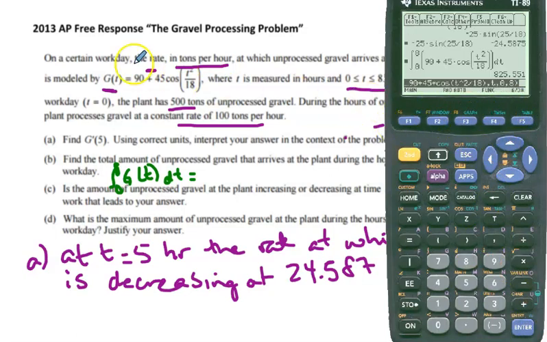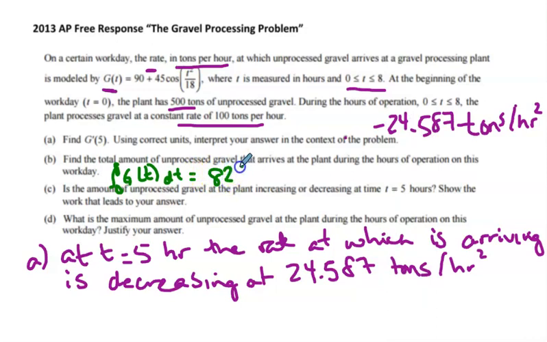We'll give this a moment to think, and we get 825.551. So that is going to be in tons because we have tons per hour times the number of hours, the units of the integral. So 825.551 tons.